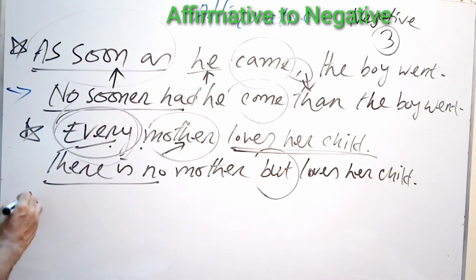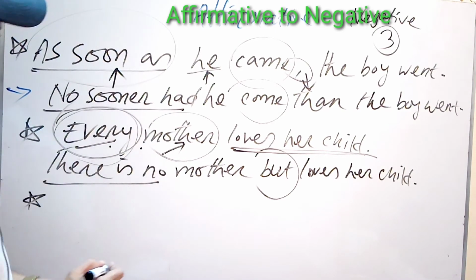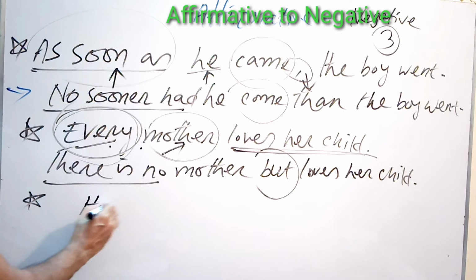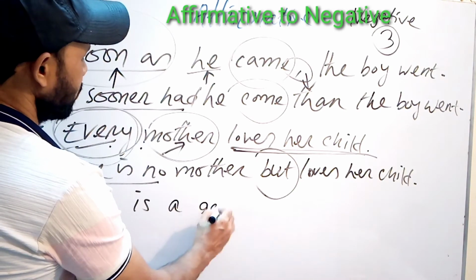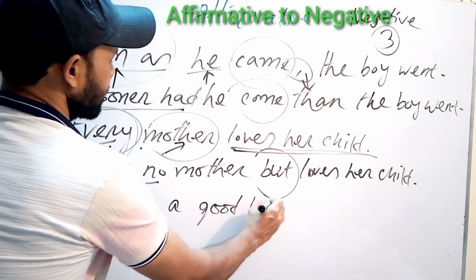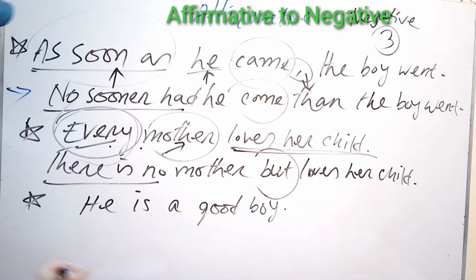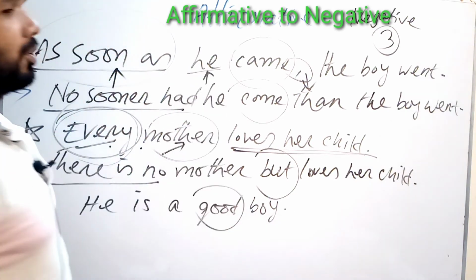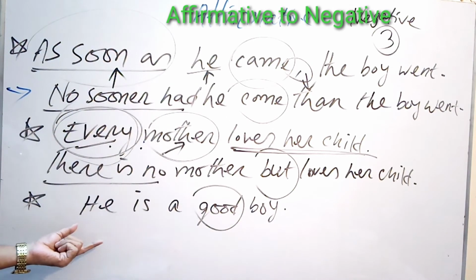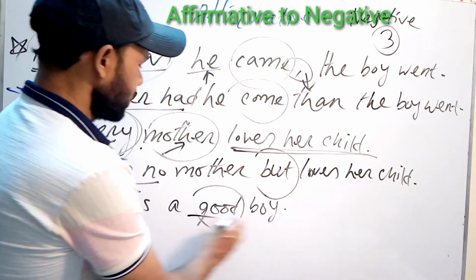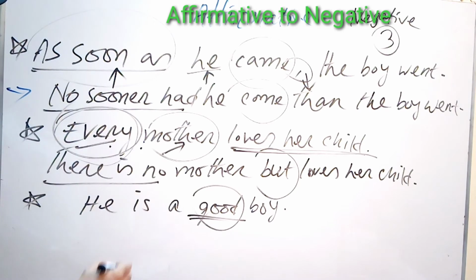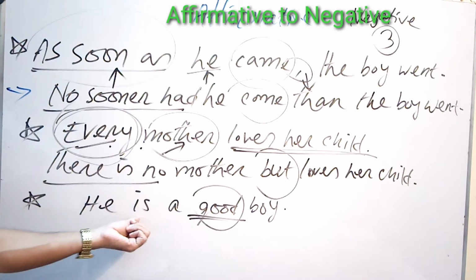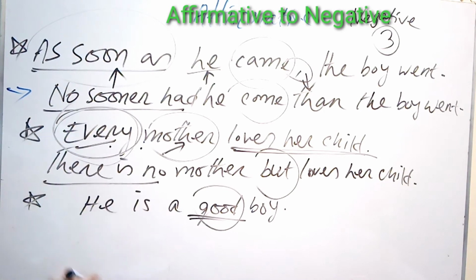Now I am going to another rule. He is a good boy. Look at the example or look at the sentence. Good. Now when you find this type of sentence, you have to use the opposite word of this adjective. Before that, you have to use not after the auxiliary verb.